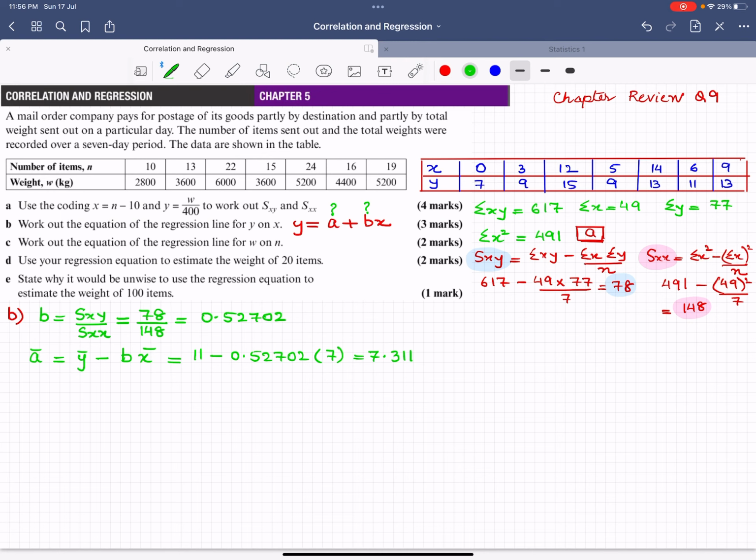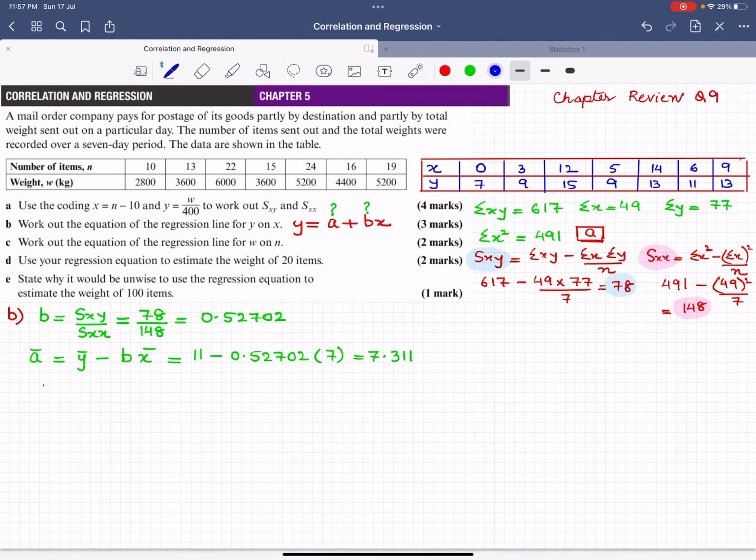Now we can write the equation of regression line, as we have already got the value of a that we were looking for and b, and we know that all we need to do to find the equation of regression line is to plug it into this given equation. So let's do that. We will plug in.